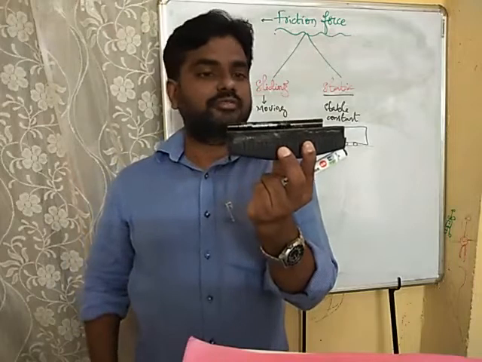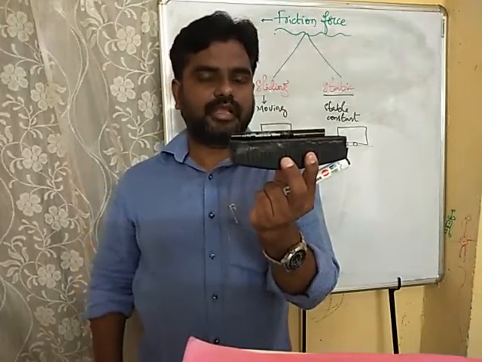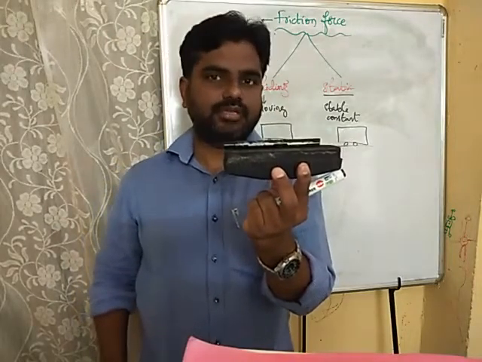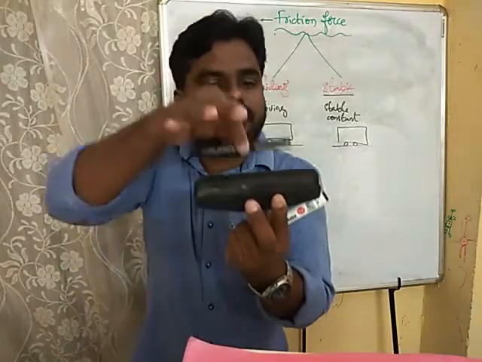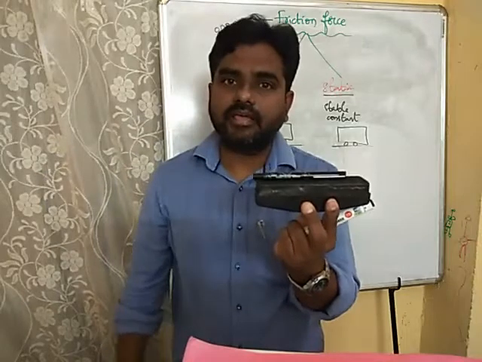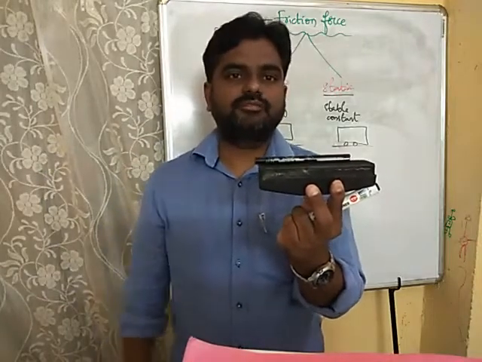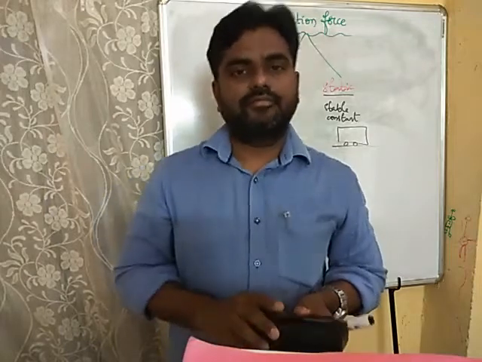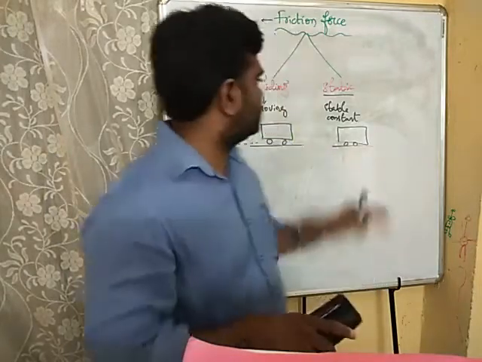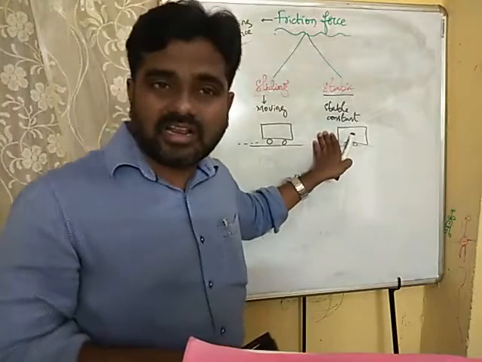What about the position of these two objects? I mean to say whether they are in motion or at rest. Yes, they are at rest. Now these two are said to be in static friction.